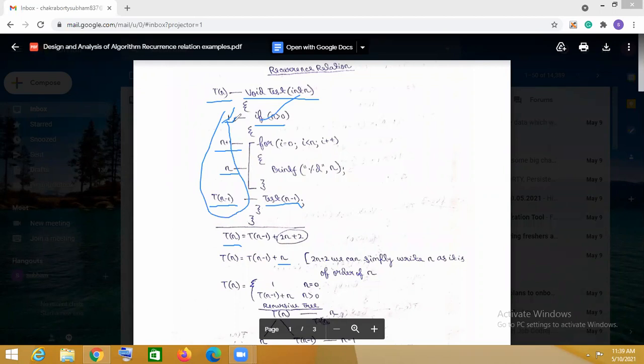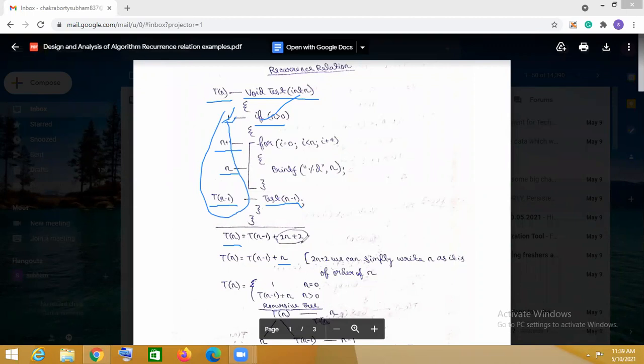You can take it, but it is not so important because you have to make the formula in the order of n form, or order of any power of n. So here you can see it is plus 2, but there is no need for the value of plus 2.